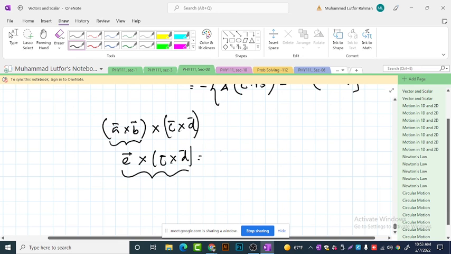Again, it would be 2 1 3. 2 is actually C, E dot D, minus 3 1 2. 3 is D, E dot C. That would be that triple product, or more than 3 or 4 vectors, you can find out in that way.